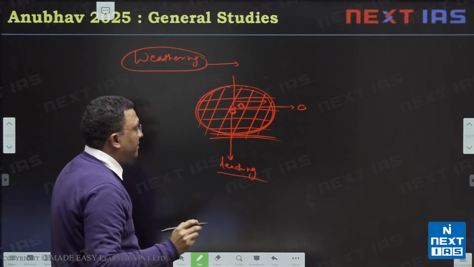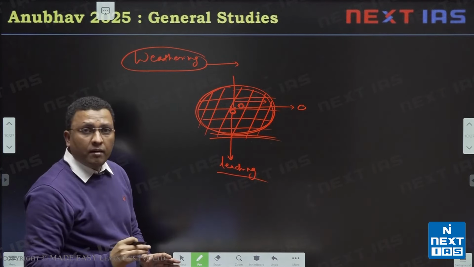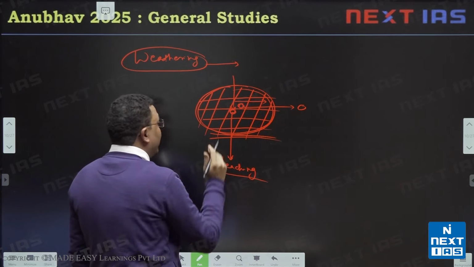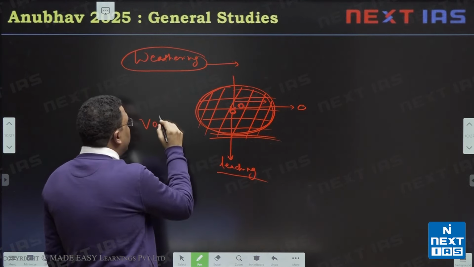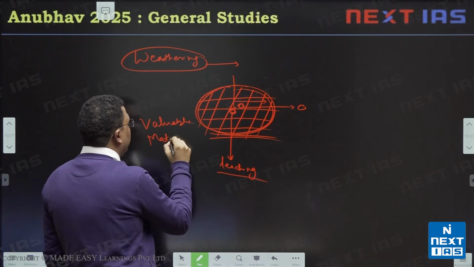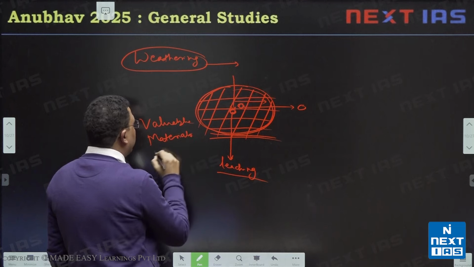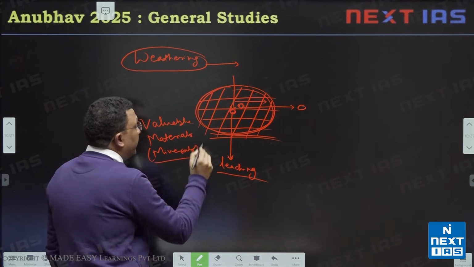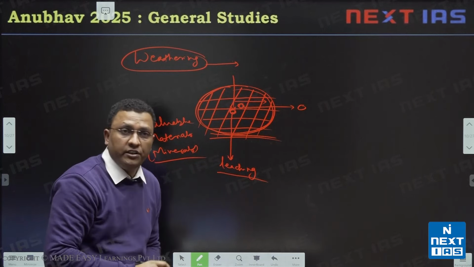So what happens that not so valuable materials are moved away by the forces like water and air, and valuable materials such as minerals, they stay at the place of decomposition, right?